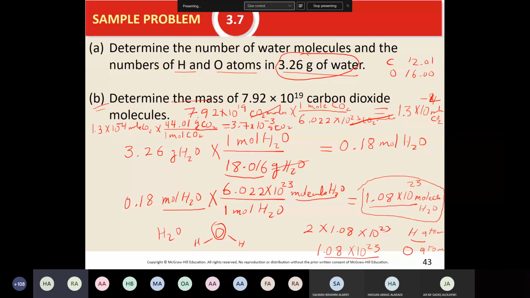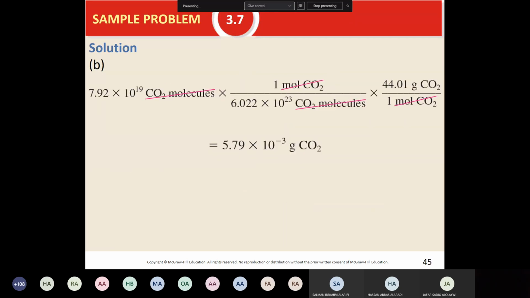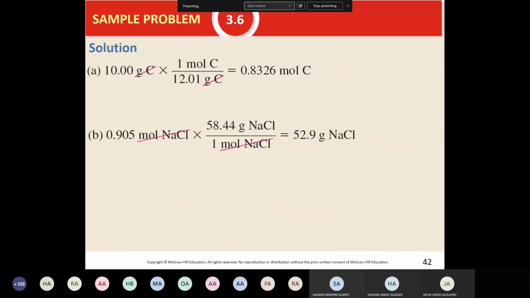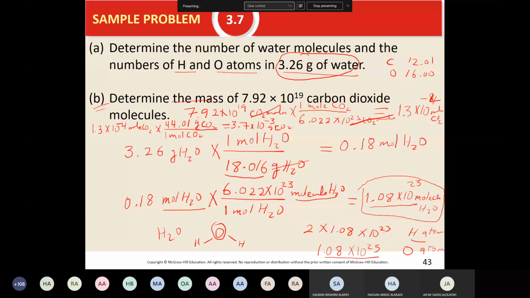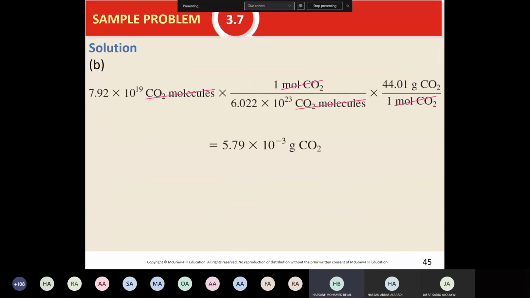Yes, clear. And the answer is 5.79 times 10 to the power minus 3. It's 5, not 3. This is the correct answer. Can you see here? You should do it this way. That's how I did it.